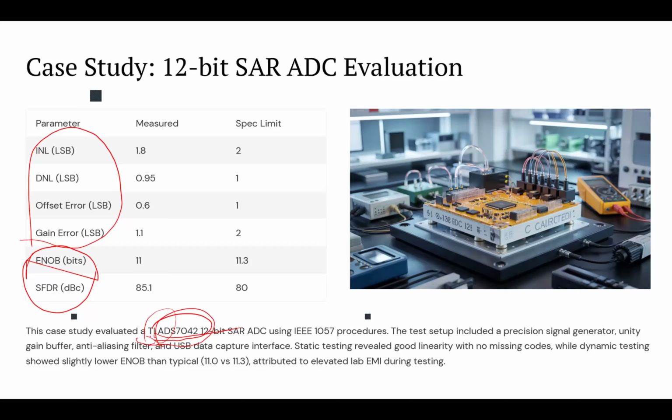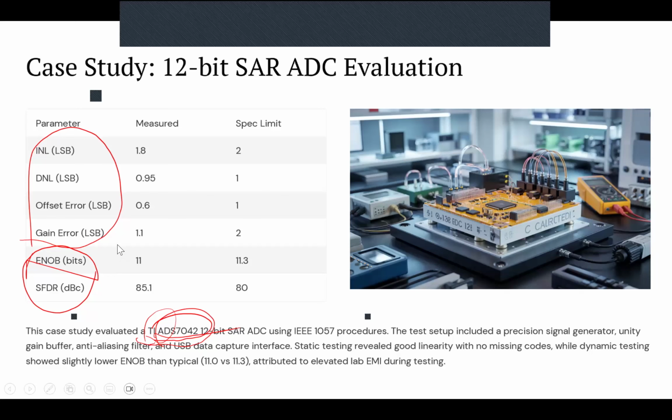Now, what we measured for this specific case study is 85.1. So it's higher than the limit. It has an excellent SFDR. Now, the only problem that we see is that the ENOB is slightly lower than the spec limit.